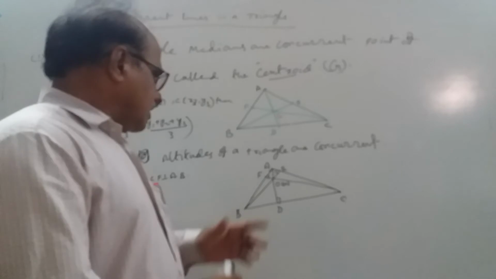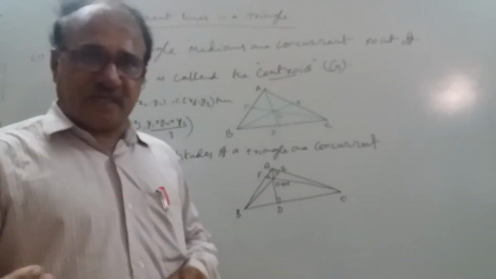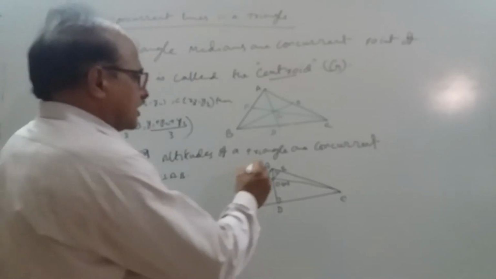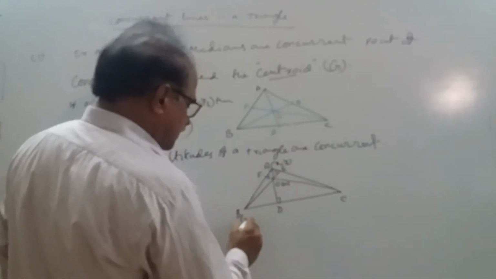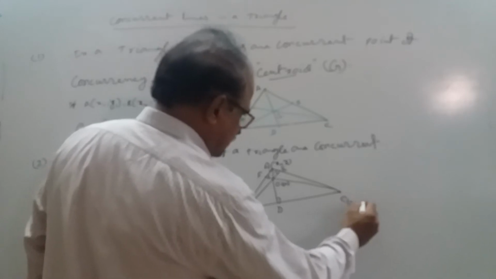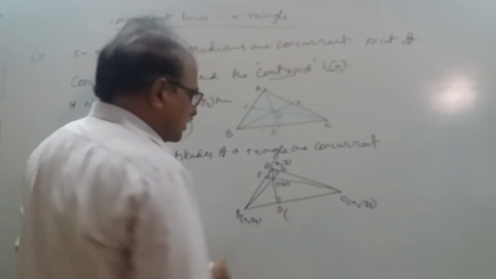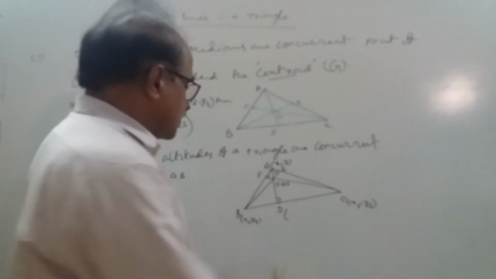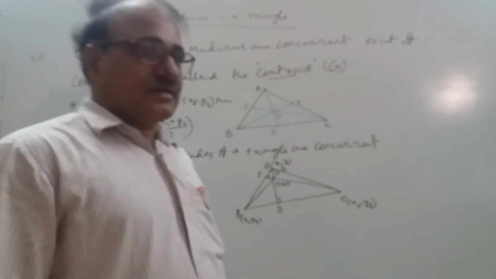If we know the three vertices A (x1, y1), B (x2, y2), C (x3, y3), how can we find D? Is there any possibility to find the coordinates of D?